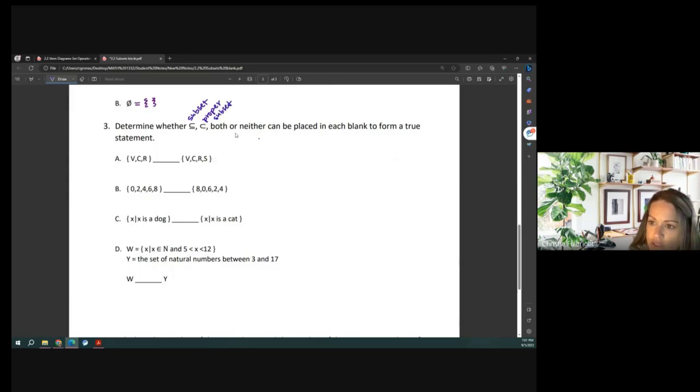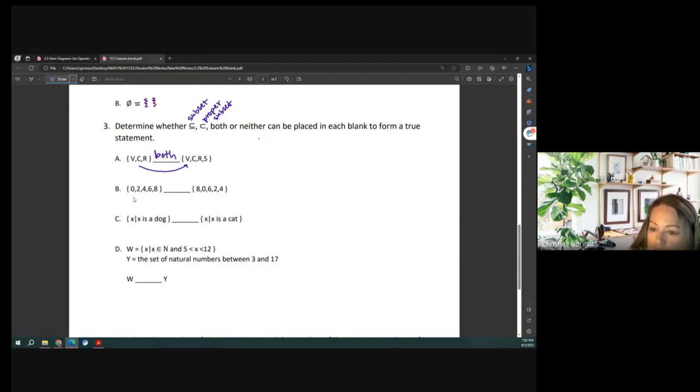Remember, if the sets are equal, then it cannot be proper. So we have the set VCR, and then we have the set VCRS. This is a subset because every element of this set is in this set. And it is proper because these are not equal. So it can be both a subset and proper.